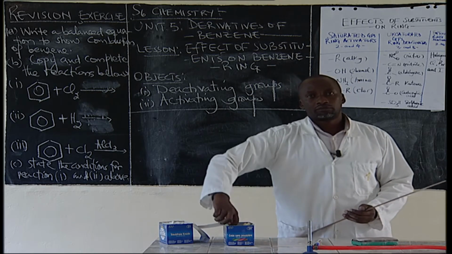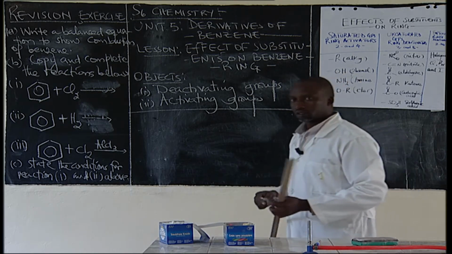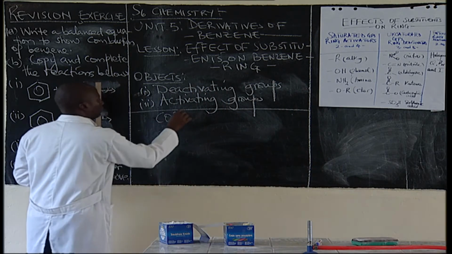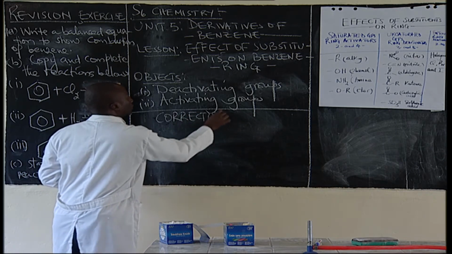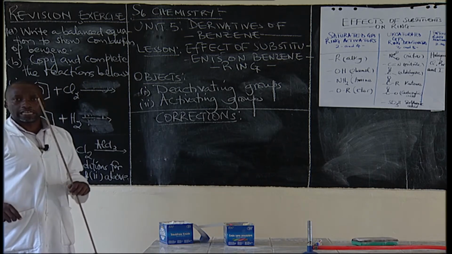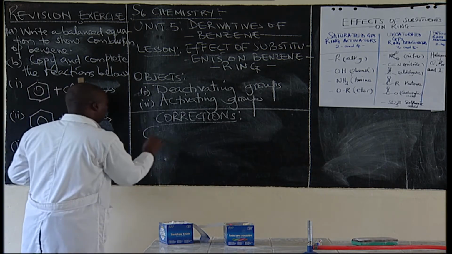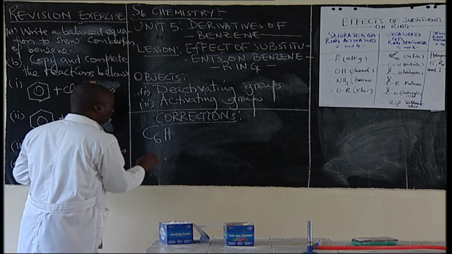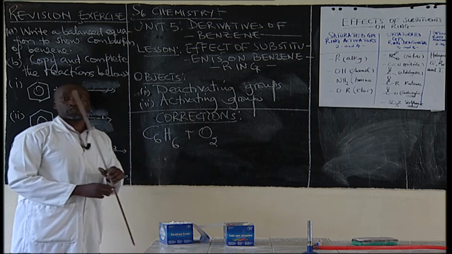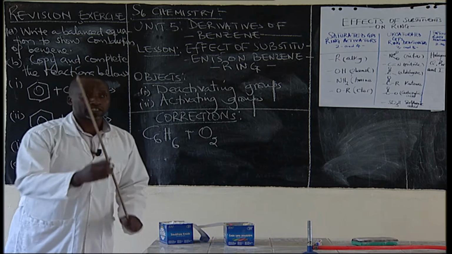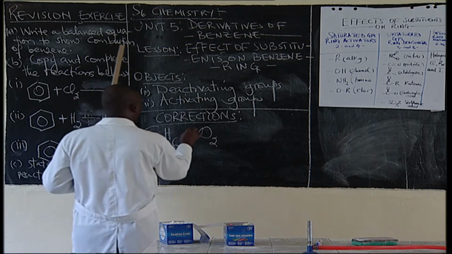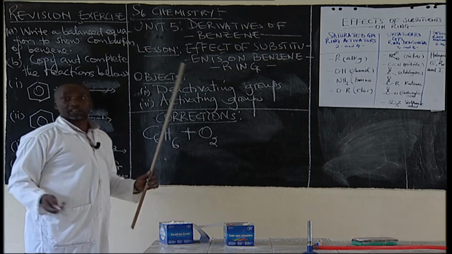Right. Check whether your equation is similar to this. Let's write our corrections here so that we can check together whether we have the same answers. Benzene, you can use the molecular formula C6H6, plus oxygen. Remember, when we are talking about combustion, we are referring to the reaction with oxygen, commonly referred to as the reaction in air.